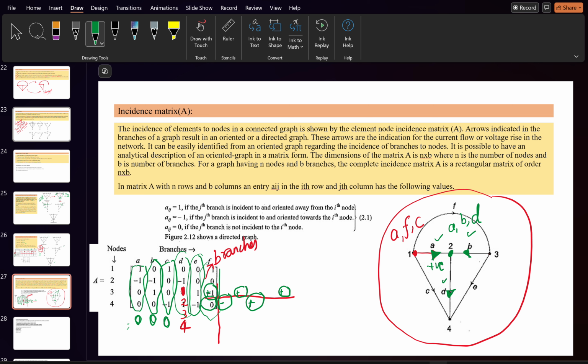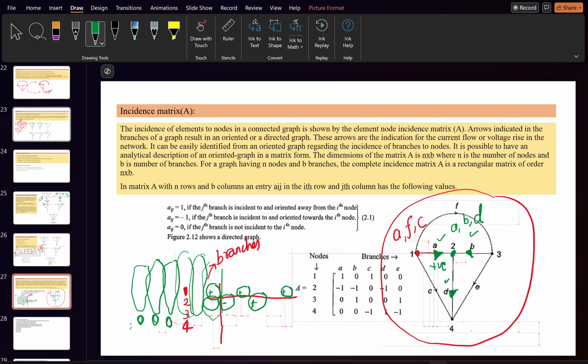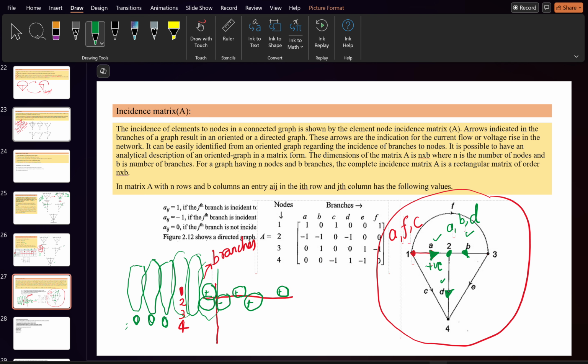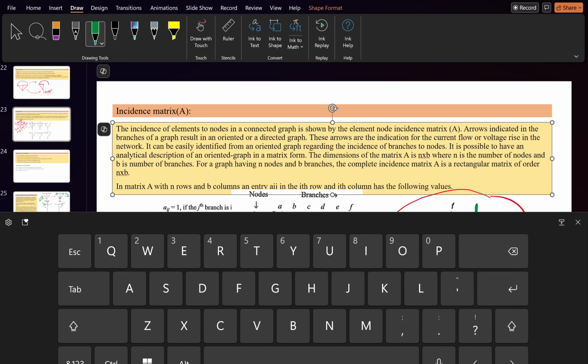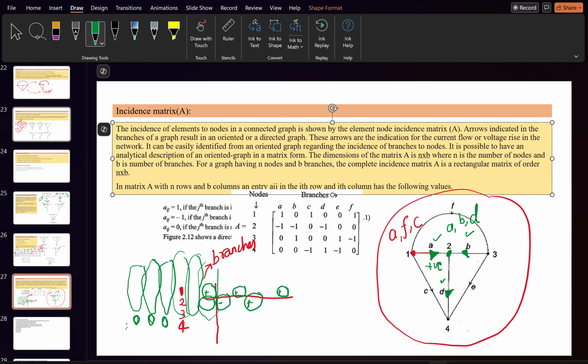Sir, is this applicable only for this matrix or is this applicable for the previous matrix also? The process will be similar. You can have any kind of matrices. For any kind of incidence matrix, the summation of the columns will always be zero.